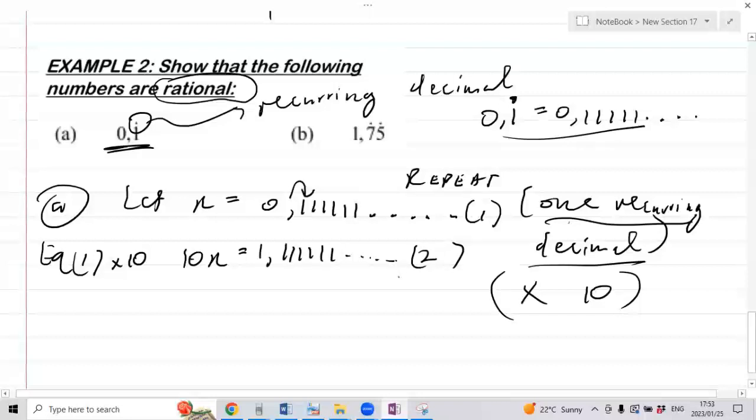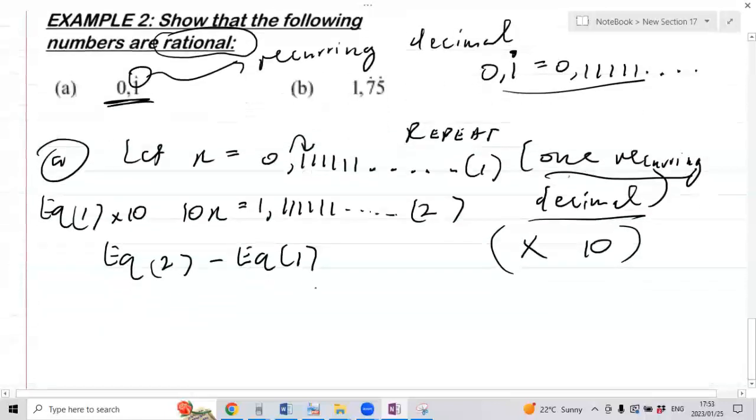So you've got two equations. Now if you subtract equation 2 minus equation 1, 10x minus x is going to give you 9x.